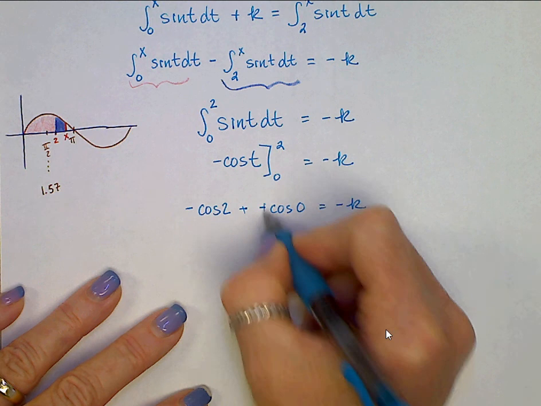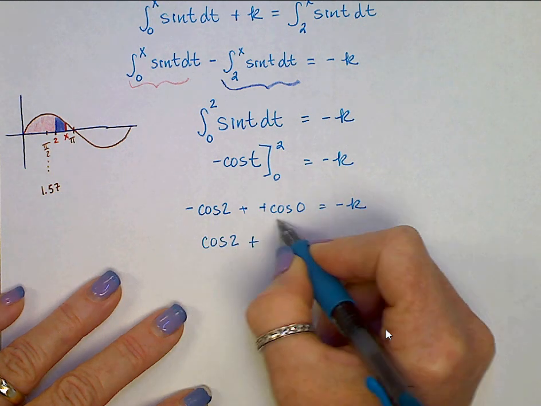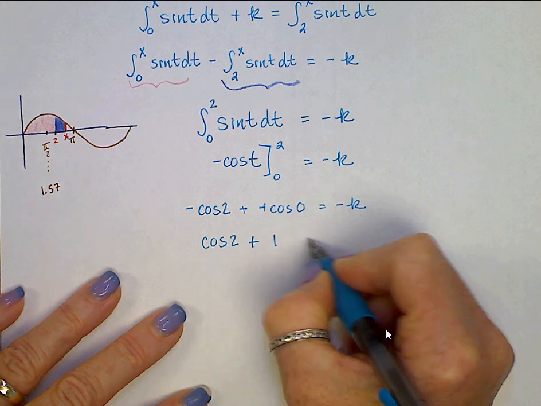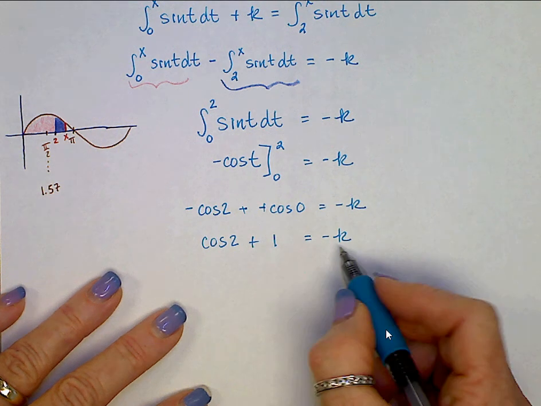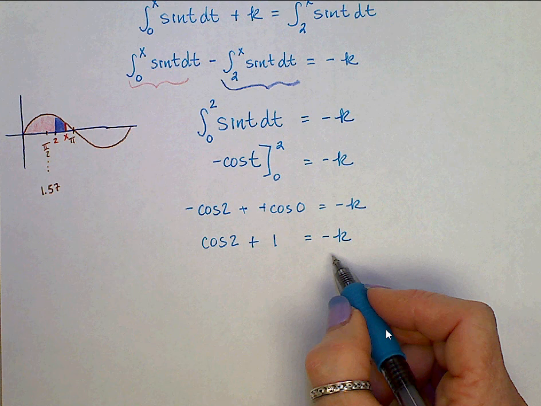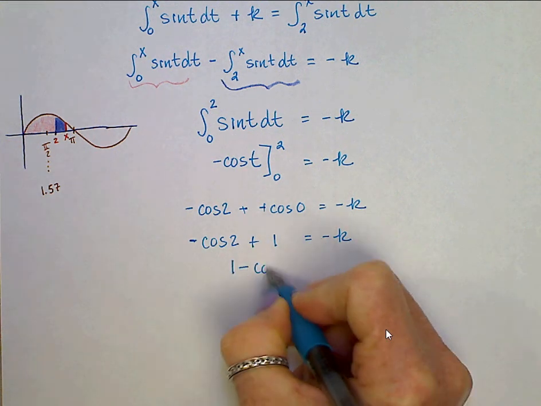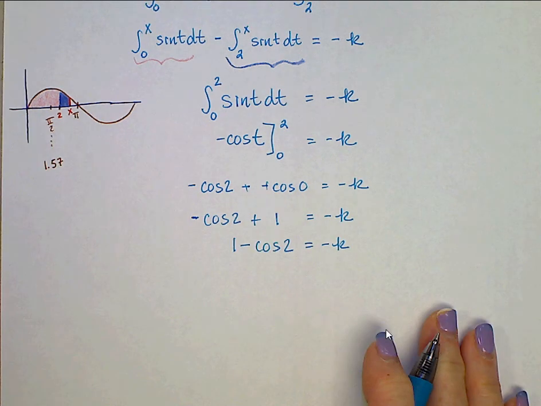which means we have negative cosine 2 minus negative cosine of 0, which comes plus. So this is just cosine 2 plus, because I don't know what that one is, cosine of 0, you know what that is. That's 1. And I'm just going to flip this around here. Oops, lost my negative. That's 1 minus cosine of 2 is equal to the opposite of k.